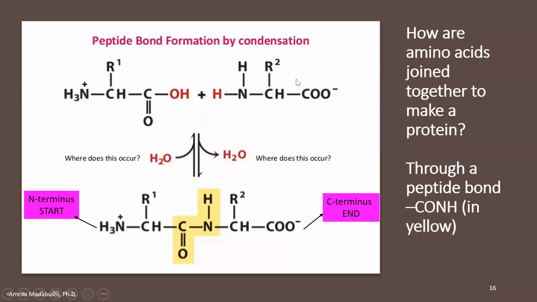One of the most important things we always focus on when studying macromolecules is how they are combined together. It is extremely important to know this synthesis is a condensation reaction, which means that water goes out and a bond forms between CO and NH, and that CO-NH bond is called the peptide bond.